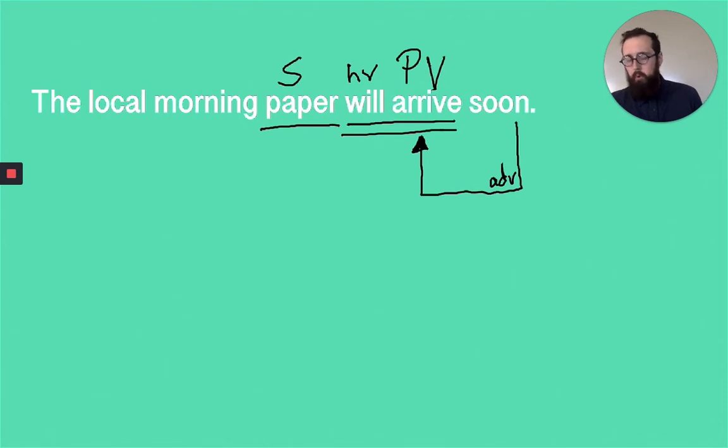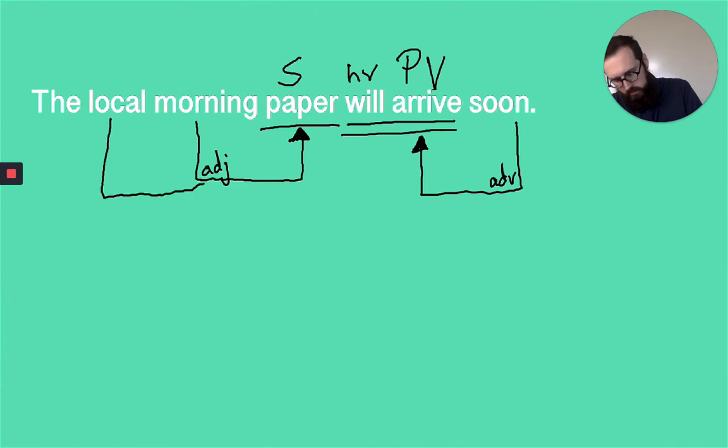Okay, morning tells me what kind of paper. It's the morning paper. So I'm going to put ADJ. Local also tells me what kind of paper. It's not a world paper, it's the local paper. And you know what? I'm going to do a better job at that.